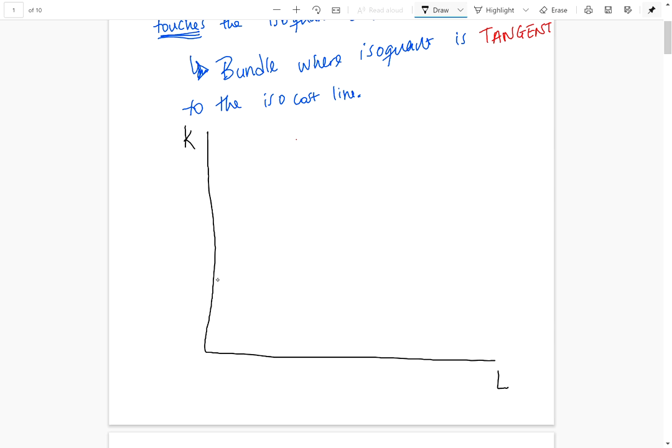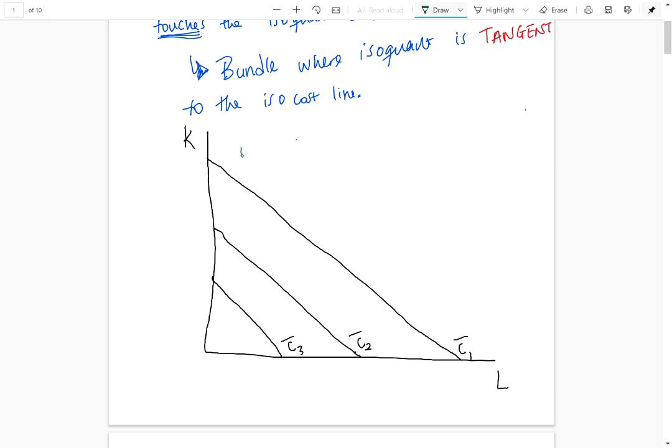We have three cost functions: C bar 3, C bar 2, C bar 1, and we have an isoquant. Just touches it right there. This is Q bar. So this is an isoquant for Q bar.